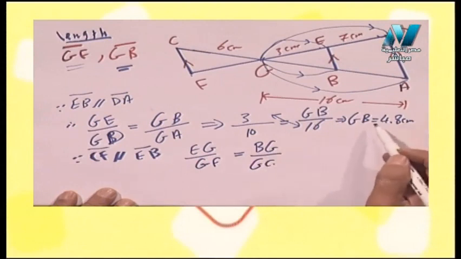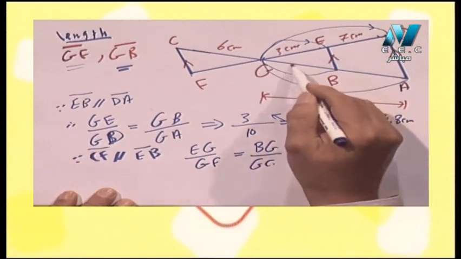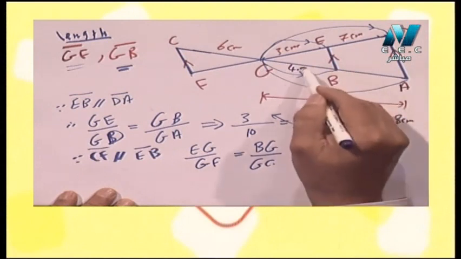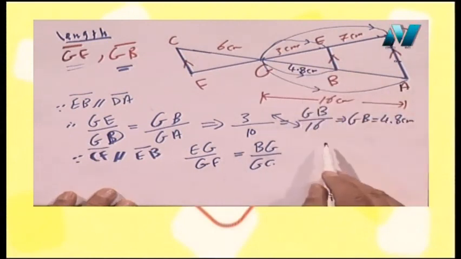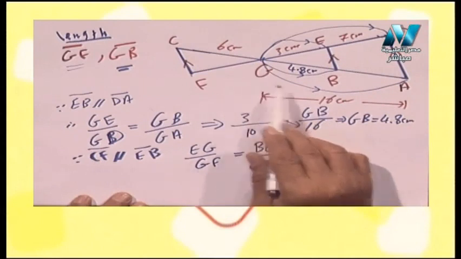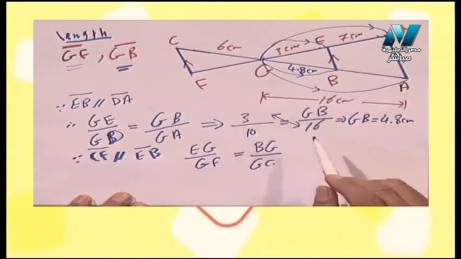We have GB here equals 4.8 centimeter, and all GA equals 16.